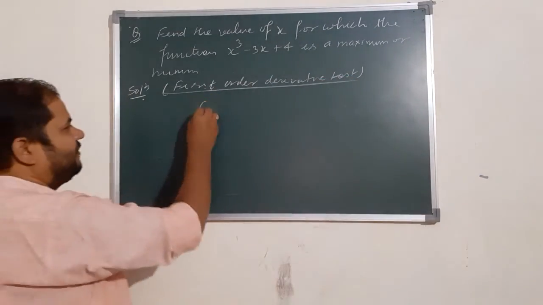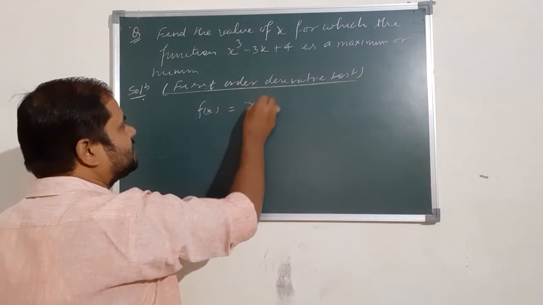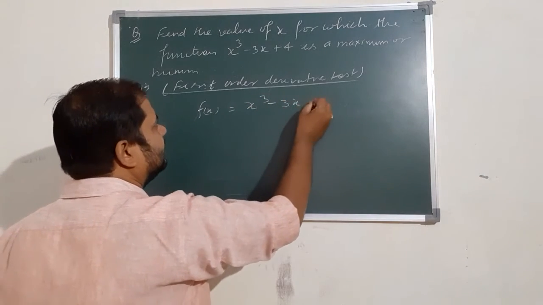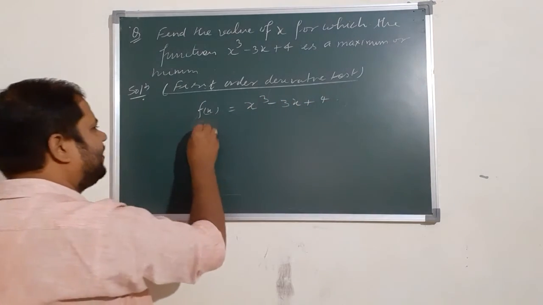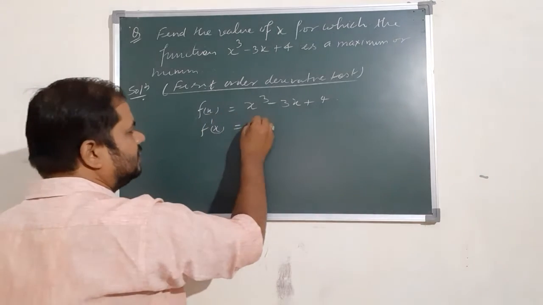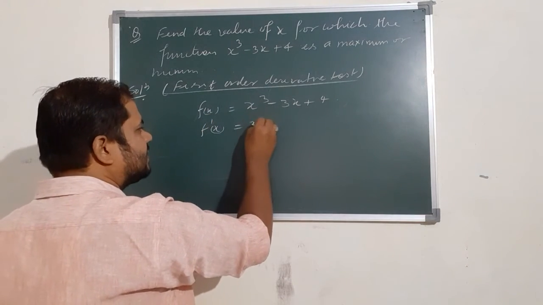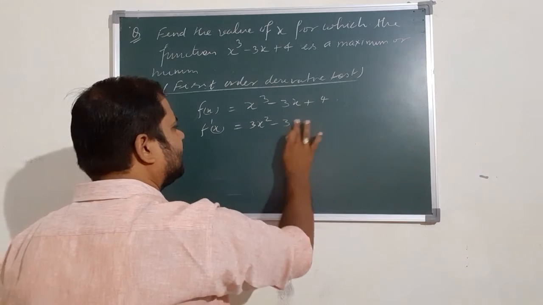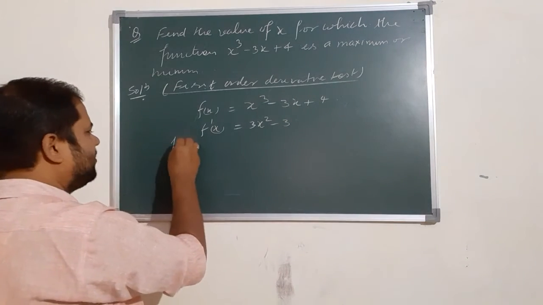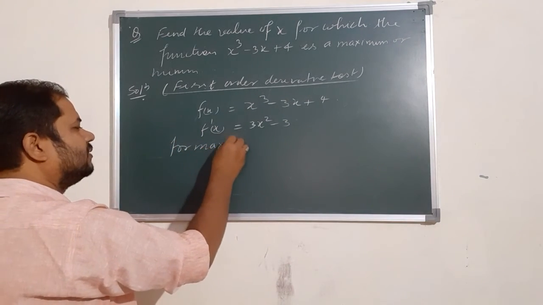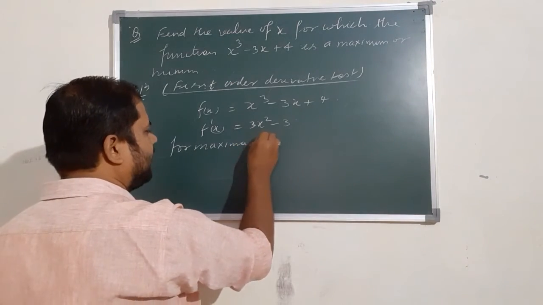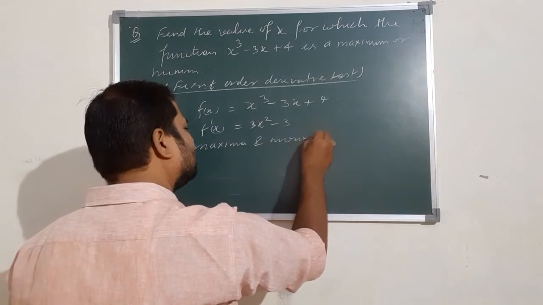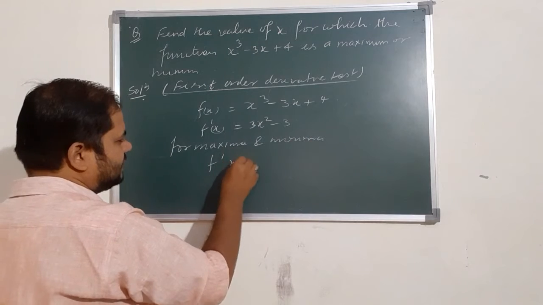So first of all, f(x) is equal to x cube minus 3x plus 4. So f dash x is 3x square minus 3. For maxima and minima, f dash x is equal to 0.